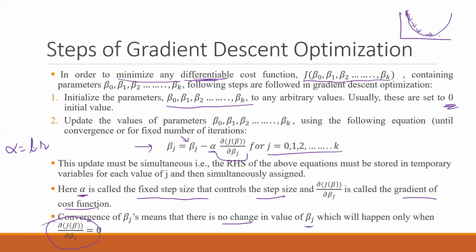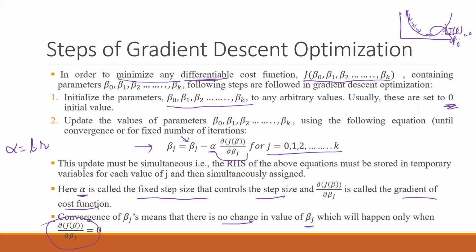At this point my slope was 0. We can say that at this point my delta J(beta) upon delta beta j will be 0, because the slope is 0 here, as it is now parallel to the x-axis.